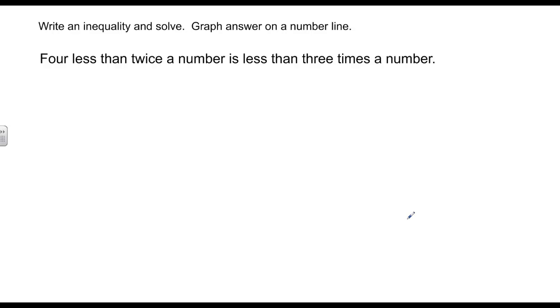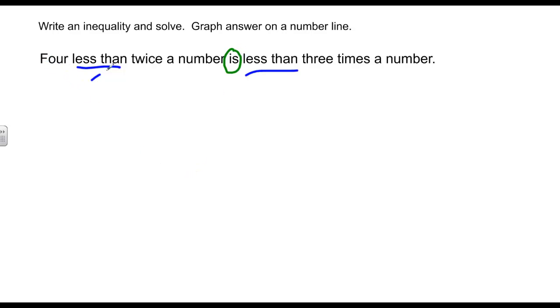Here's a word problem. It says 4 less than twice a number is less than 3 times a number. You'll notice we've got two expressions that say less than in the problem. But that doesn't necessarily mean I have an inequality sign each time. In fact, the word "is" is going to help us write an inequality.